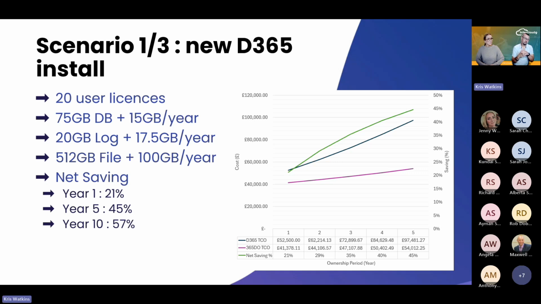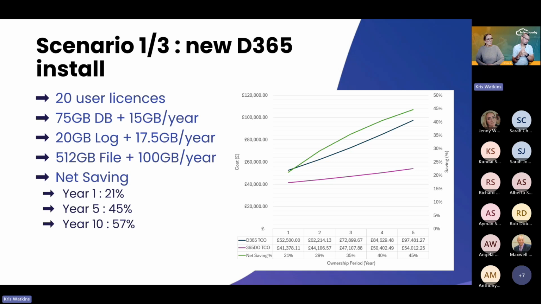The purple line is the cost of having Dynamics plus the data optimizer with the exact same data change over time. So that's the cost difference. And then the green line is the net saving.